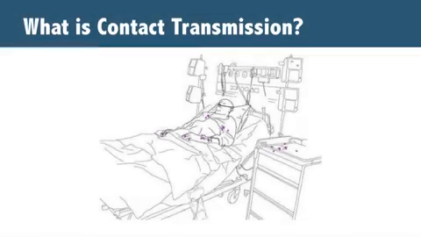Let's take a moment to review contact transmission. In this illustration, we're going to see how a germ moves from an infected or colonized resident to another resident by healthcare provider hands. Here we see that the resident and his surroundings are contaminated with a germ, represented by the purple dots.